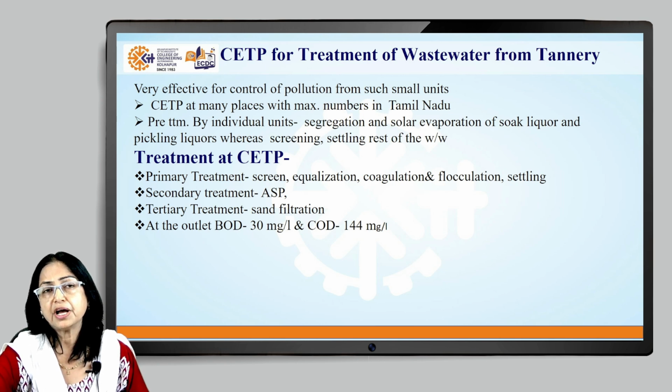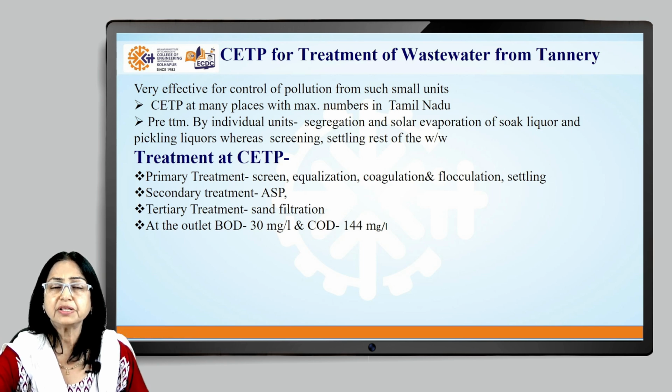So, the common effluent treatment plant, a scheme by the central government, is very popular and very suitable for treatment of wastewater from tanneries. There are various CETPs all over India, but the maximum CETPs are in Tamil Nadu for this tannery waste treatment.